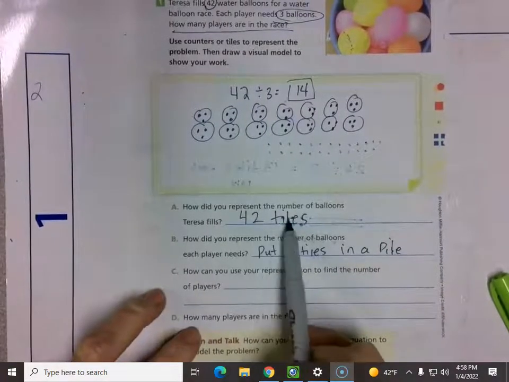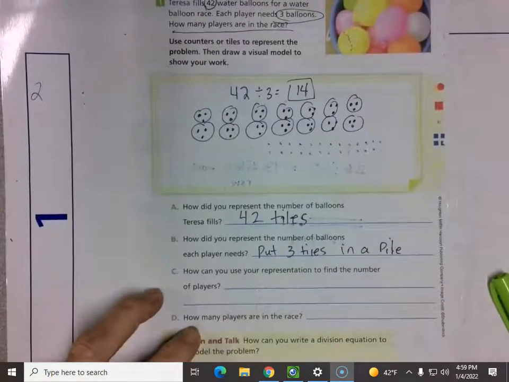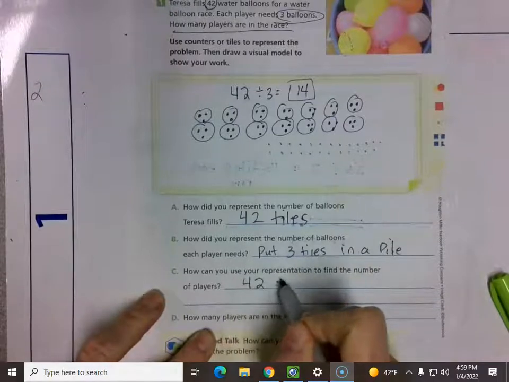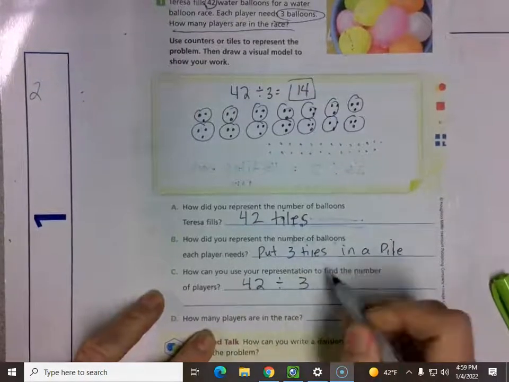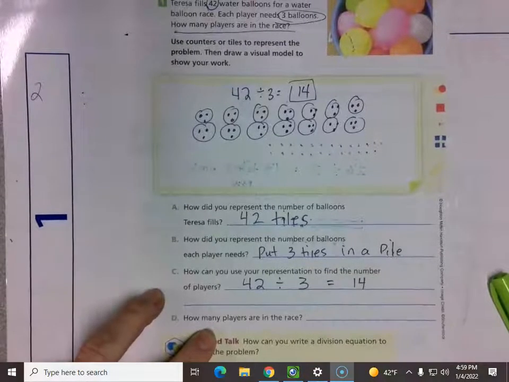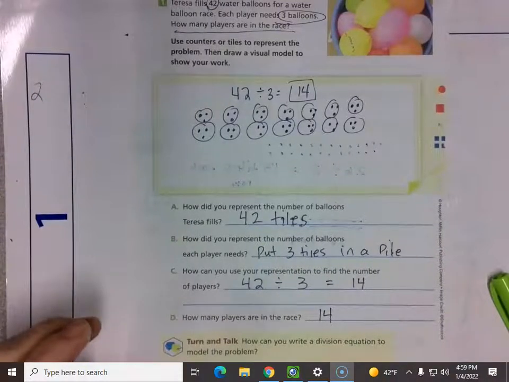Well, if I take those 42 tiles and I put them in piles of 3, I can count my number of piles to see how many players can be in the race. 42 divided by 3 equals 14. So 14 players can be in the race.